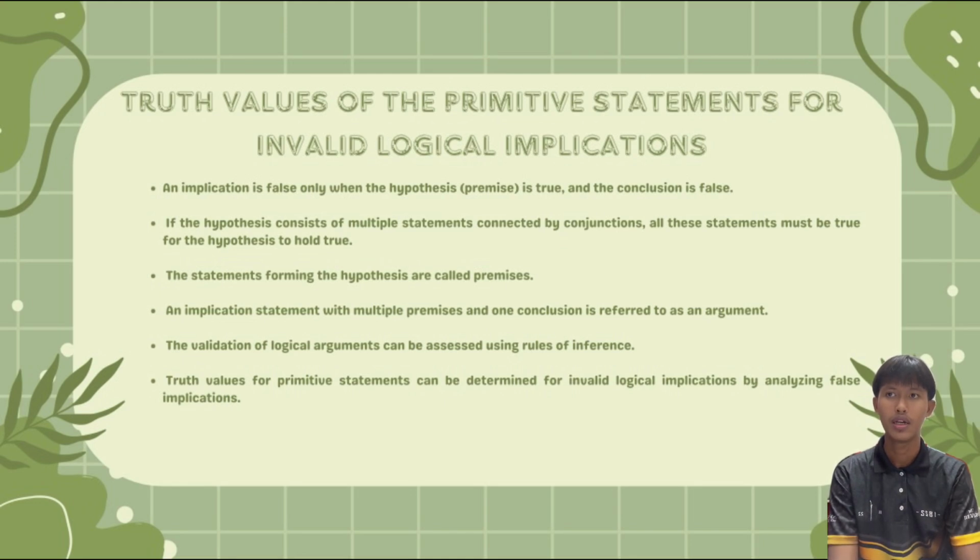The fourth one, an implication statement with multiple premises and one conclusion is referred to as an argument. Next, the validity of logical arguments can be assessed using rules of inference. And the last one, truth values for primitive statements can be determined for an invalid logical implication by analyzing the false implication.